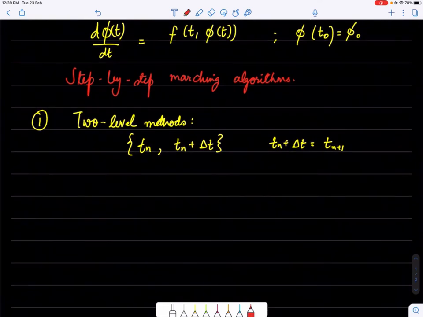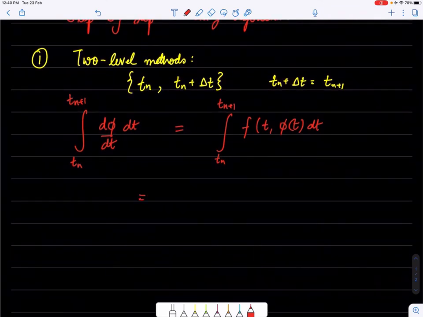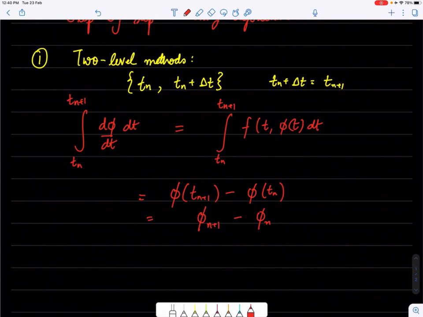So we write the integral of d phi dt dt, where time goes from tn to tn plus 1, equal to the integral of f(t, phi(t)) dt from tn to tn plus 1. The left hand side simplifies to phi at tn plus 1 minus phi at tn. I'm going to use a shorthand notation: phi n plus 1 minus phi n, where the subscripts refer to the time instant or time step.